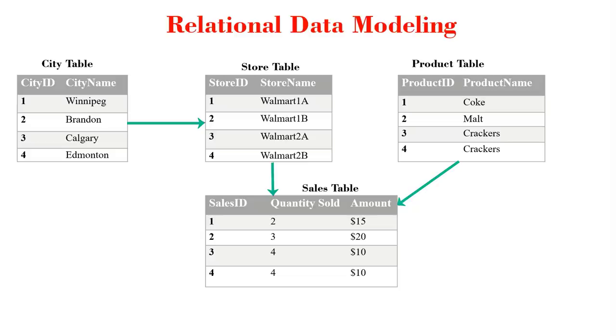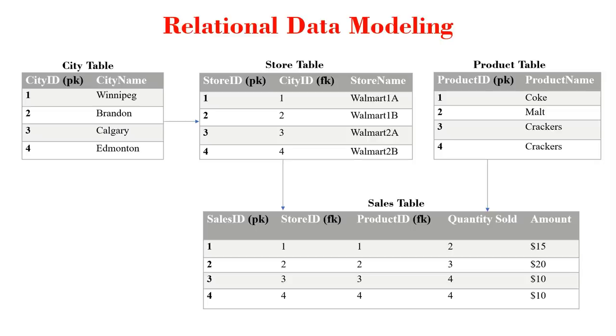The way to indicate that a table in a relational database is linked to another table is if you link them together using their unique columns. Oftentimes, the primary key in table A will have to be listed in table B as a foreign key. So for instance, in this city table, I have city ID and city name.